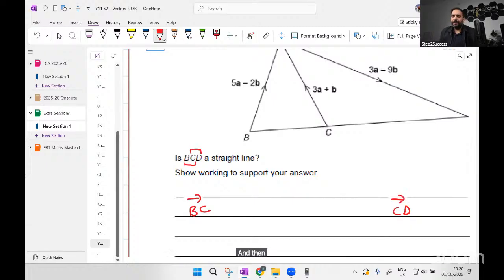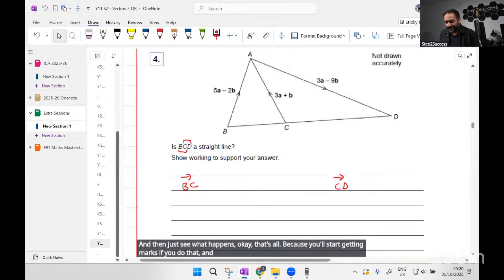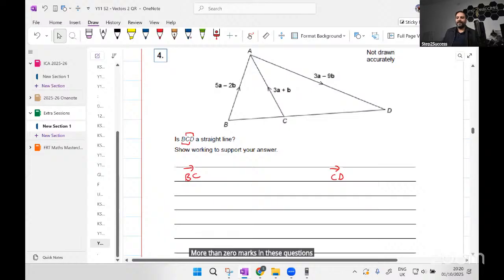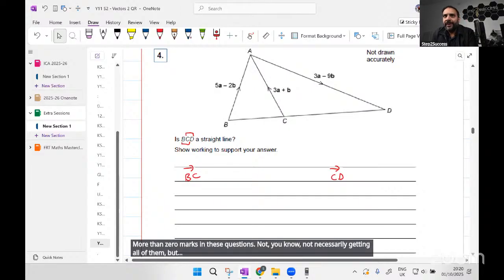And then just see what happens. Because you'll start getting marks if you do that. And remember, it's about getting more than 0 marks in these questions. Not necessarily getting all of them, but making sure you don't get 0.